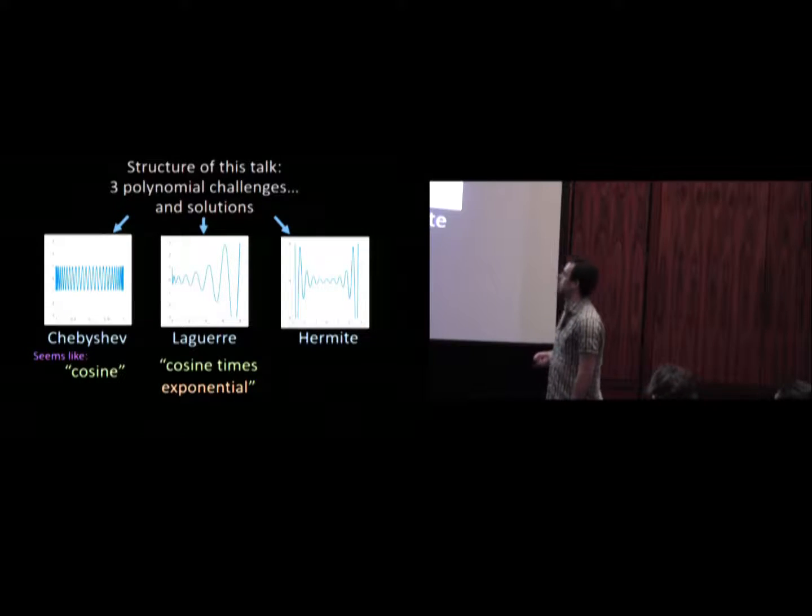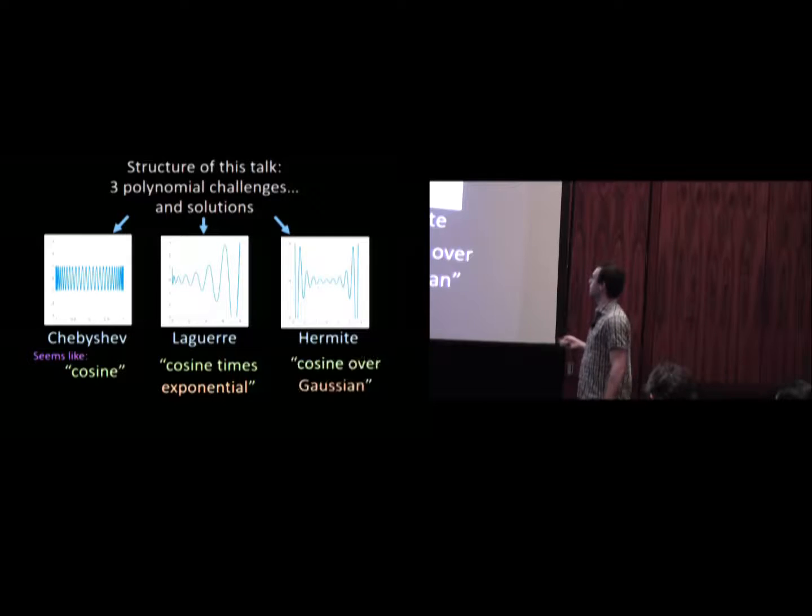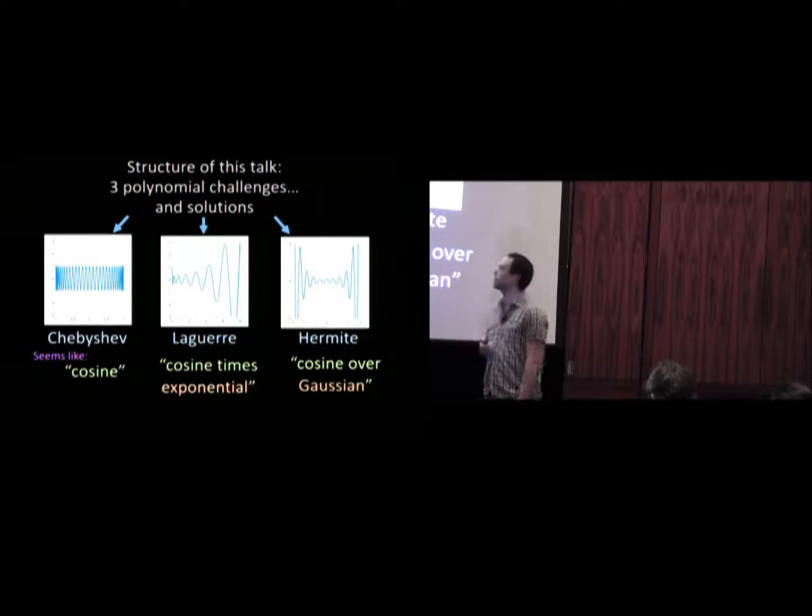And Laguerre also has the oscillations, but in addition, it grows exponentially. So think of it like cosine with an exponential term involved. And Hermite has this e to the x squared shape here. So it's cosine and the Gaussian somehow combined.